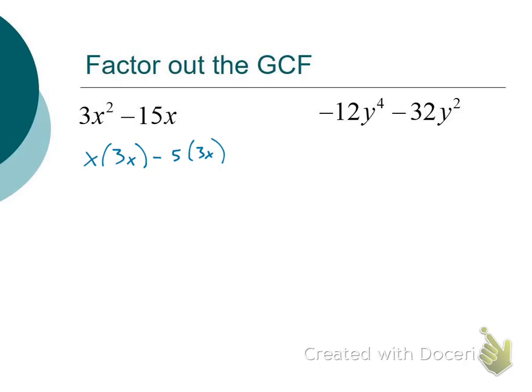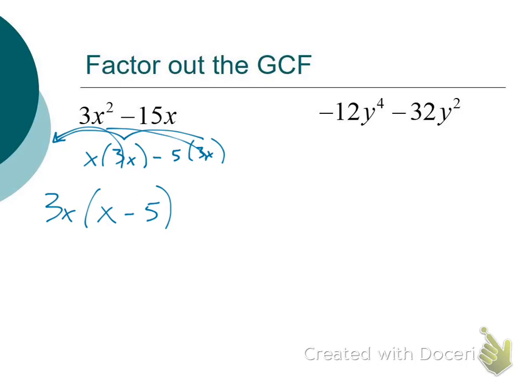Then we factor out this common factor. That's why the 3x comes out front. When we pull the 3x out of here, we're left with an x here and a minus 5 here, and so 3x times x minus 5 is what we get. That's not how we talk about greatest common factor, but that's basically what we're doing, and seeing it like this will help us in just a minute.